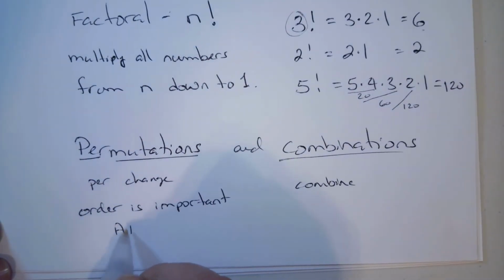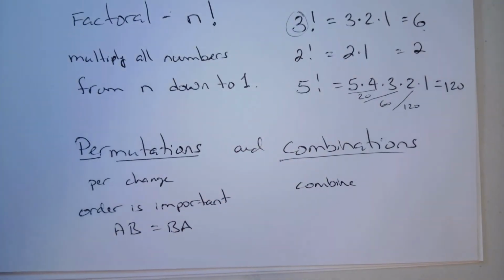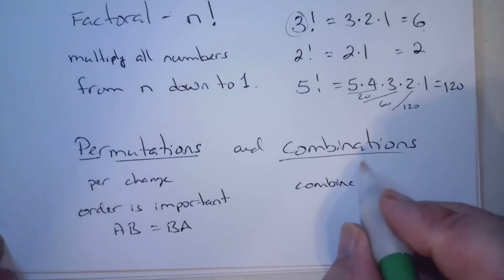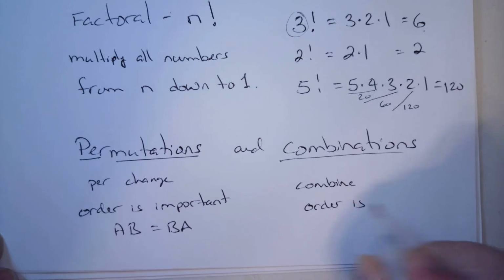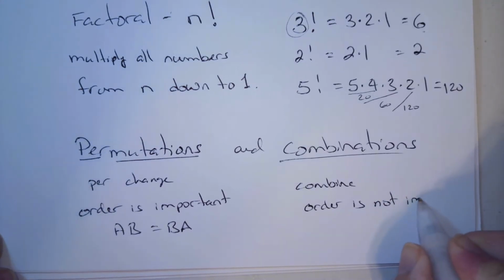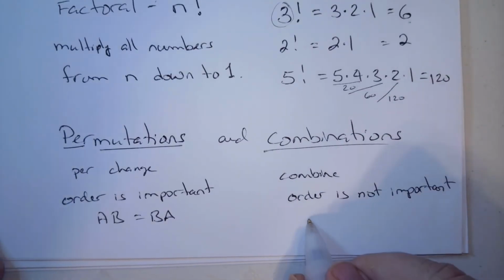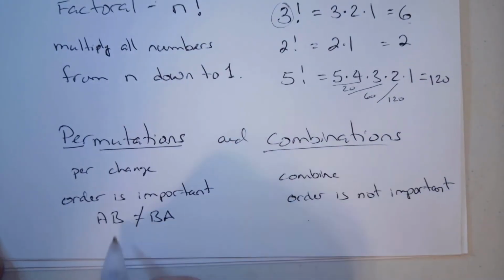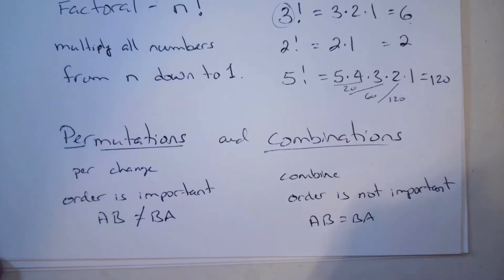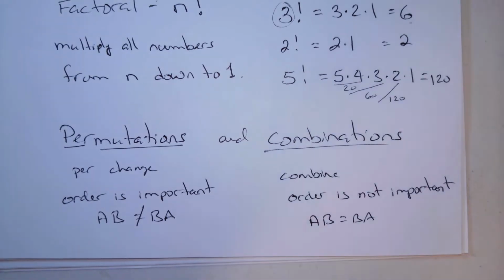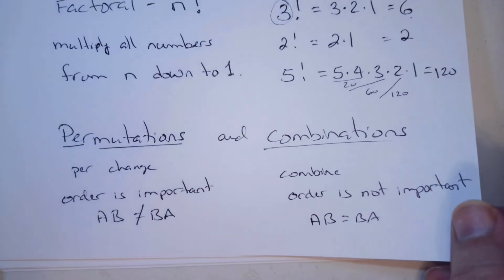So AB is not the same thing as BA. When you combine items, order is not important. AB is the same thing as BA. As long as I have those 2 letters, I'm happy. All right, let's look at an example here.